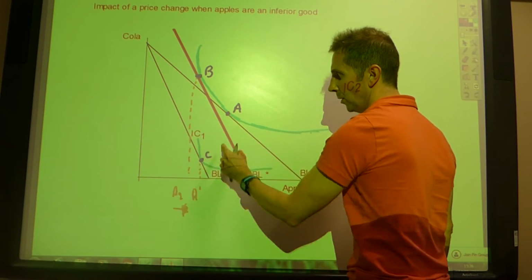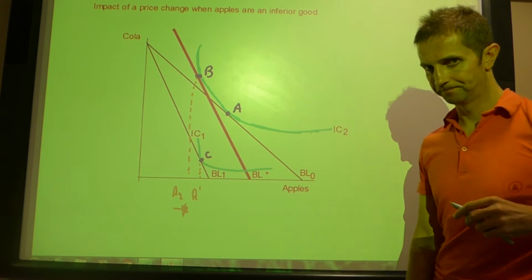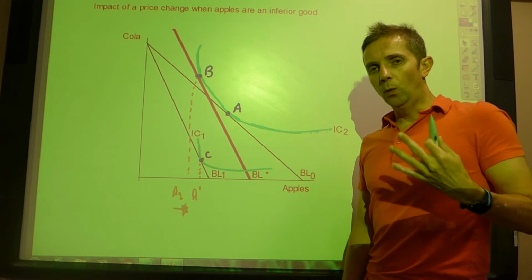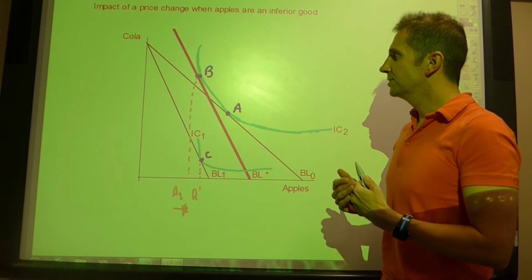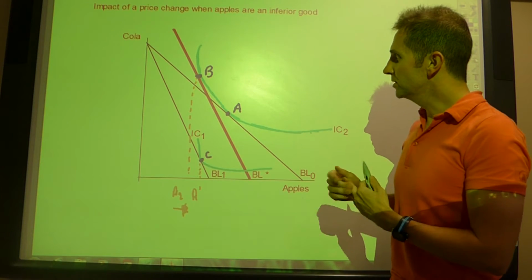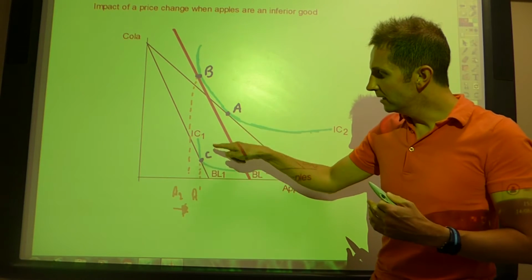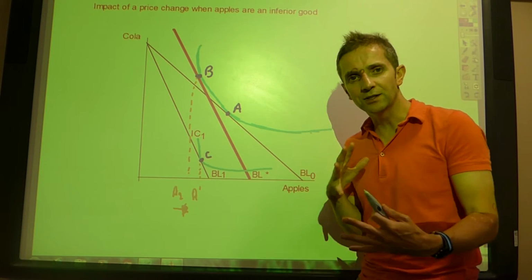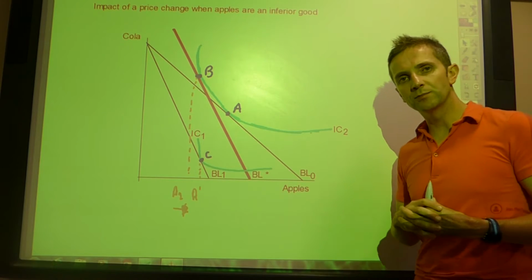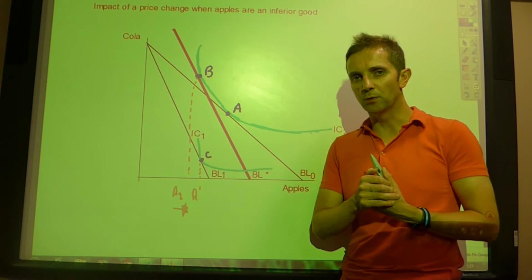Put the points on if you want, this combination of cola and apples. We are saying here that the price of apples rises. And so ultimately we're going to move from A to point C. We're going to land on point C, but it's how we get to point C which is the important point here, and the mechanics behind it are important.